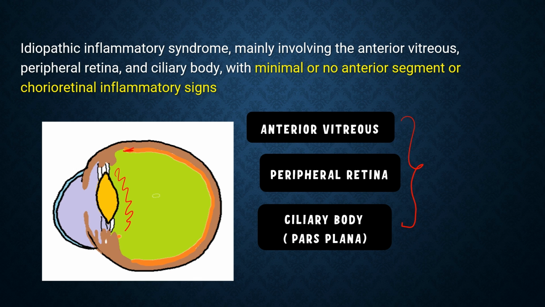And apart from that, there should be minimal to no anterior segment or chorioretinal inflammatory signs. What they mean to say is that the inflammation should be restricted to the intermediate part of the eye, and there should be very minimal inflammation in the anterior segment, or if possible, no anterior segment inflammation, and there should be no posterior segment inflammation also, like the chorioretinal inflammatory signs that we see in posterior uveitis.